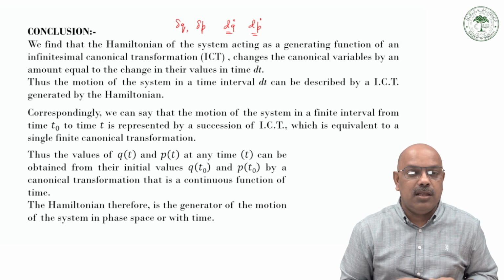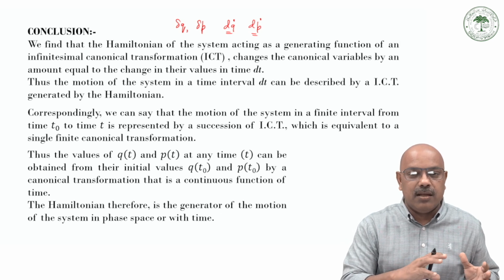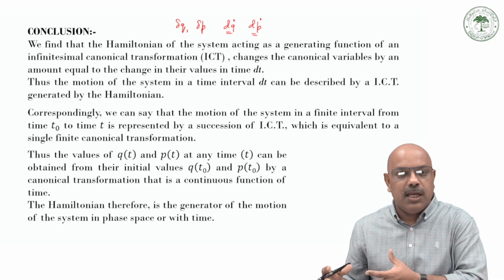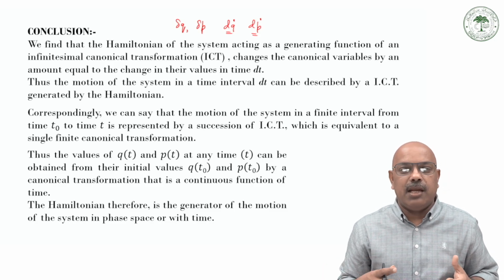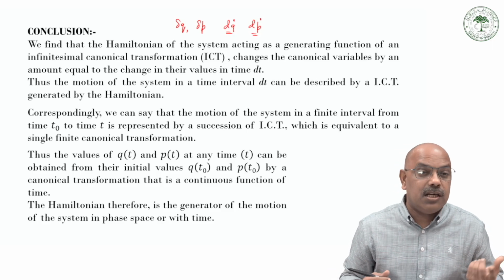Then what you are seeing is the transformation of the system in a time interval dt, and that can be described by the infinitesimal canonical transformation generated by the Hamiltonian.